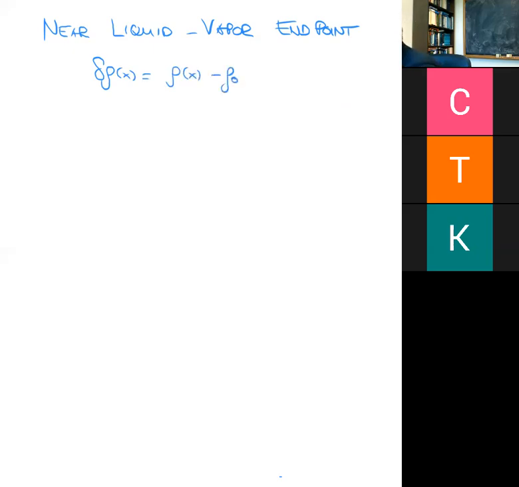So near the liquid vapor endpoint, you can write delta rho of x, which is the density minus the density at the endpoint.